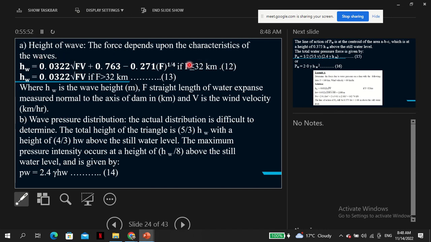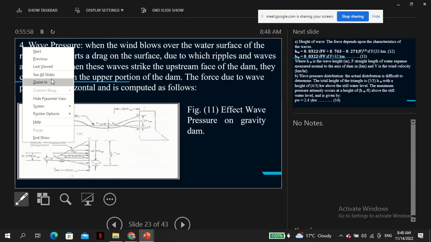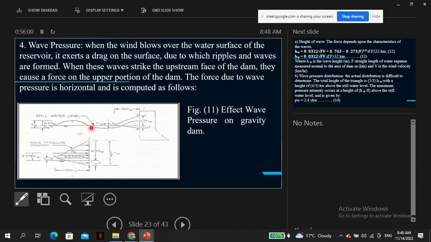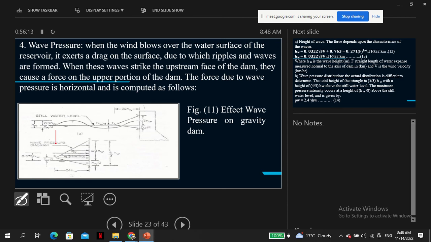Of course, if f is the length, this is the theoretical length of the wave, so that would be considered f.